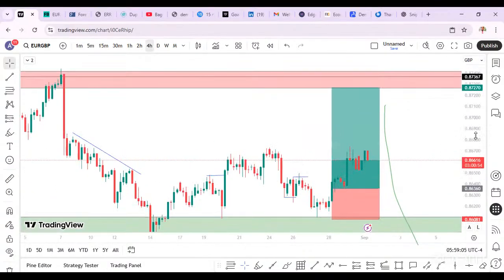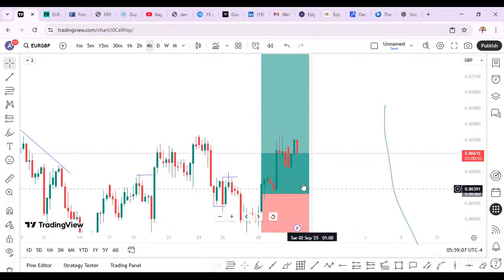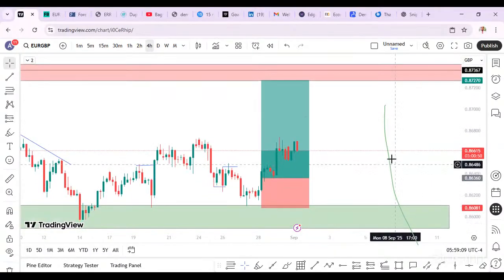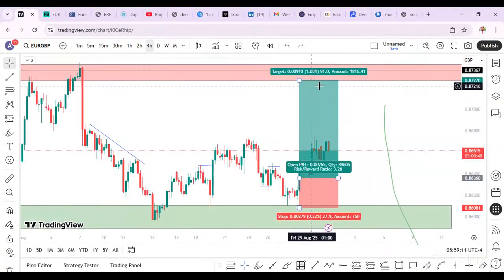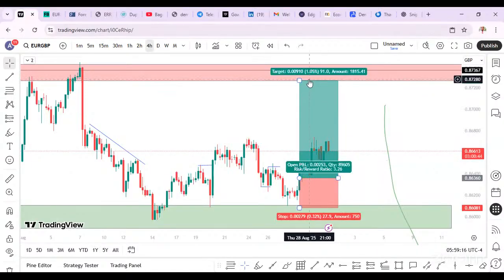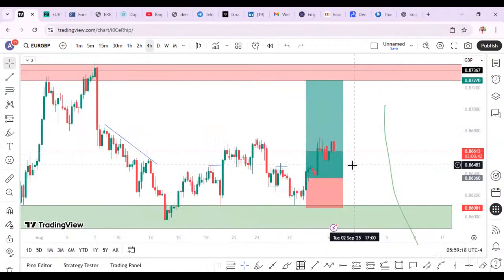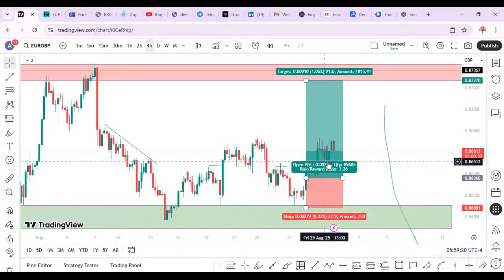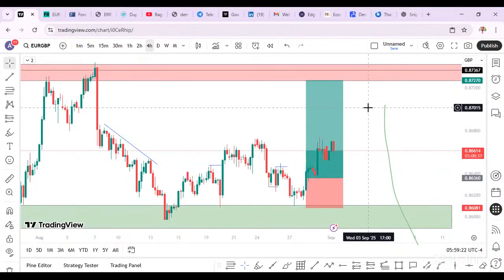Euro GBP, I mean. So on any pullback, you can still engage in buy. I can confirm that this guy is going bullish to this place. But I don't know how, this is my take profit here. So you can look for a pullback, maybe after sweeping this low, get in there, and know how you're going to ride it.